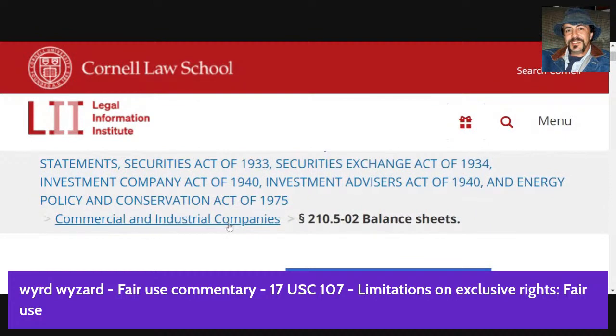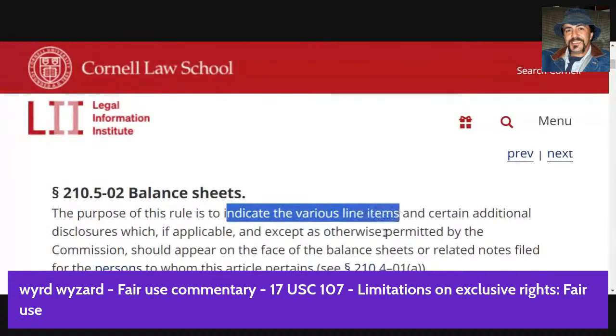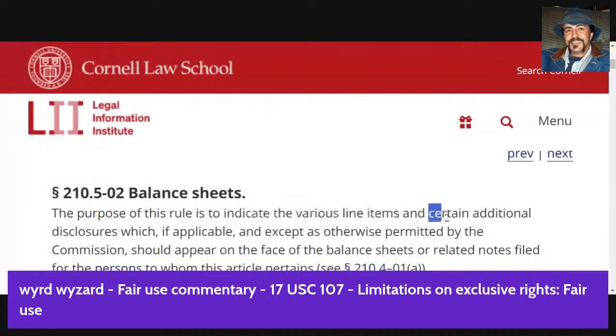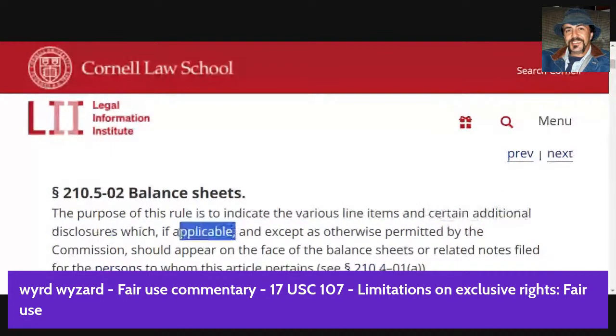Commercial and industrial companies' balance sheets. The purpose of this rule is to indicate the various line items and certain additional disclosures, if applicable. So there are things that need to be disclosed that are not on the face of the balance sheet, but are most certainly applicable to correcting the record.